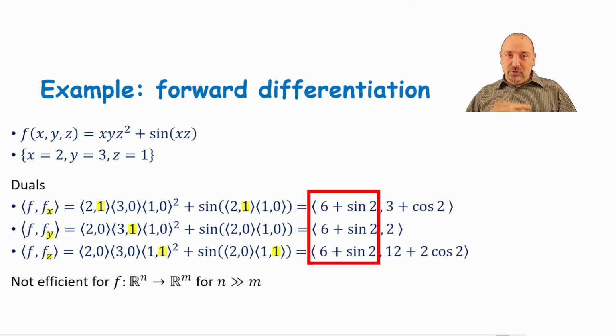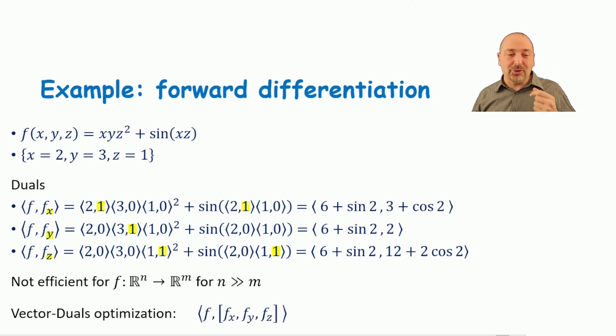One possible solution is to use the reverse accumulation that I will discuss later in this video. But there is another trick that I have found around, and that's somehow to generalize further the duals by introducing some kind of vector duals. Okay, so in this case, you will define an object where the first component is just the function, like you have in the dual, just the value of the function there.